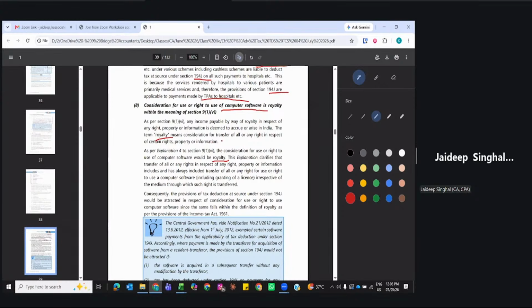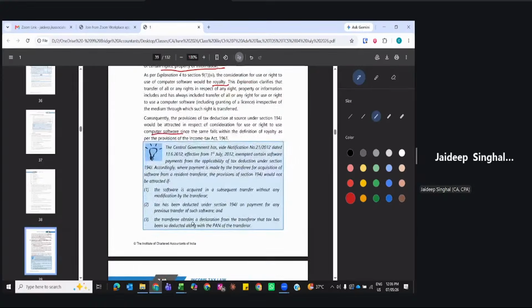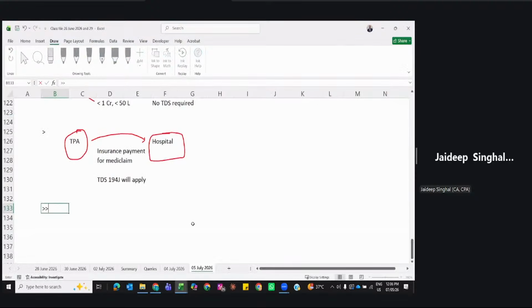Royalty includes transfer of all or any of the rights in respect of the property or information. Whenever I am purchasing any software, I am purchasing a right to use the software. Consequently, the provision of TDS will be attracted in consideration for the right to use the software. If I'm paying for the software, TDS will apply. Next.